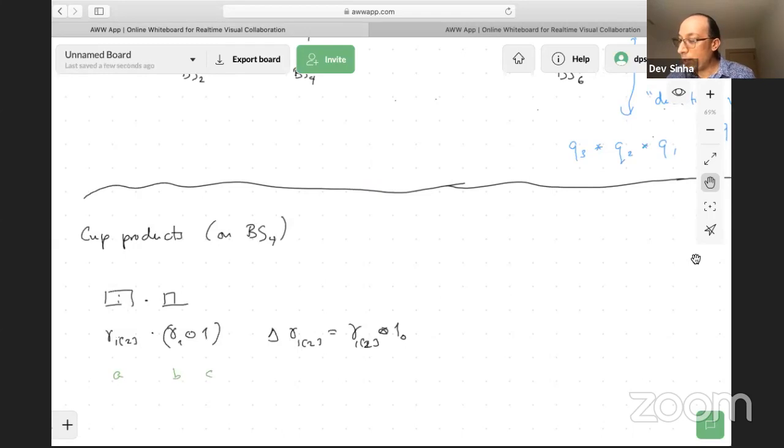It's kind of a formal object. BS0 is a point, but then I also do have gamma 1 tensor gamma 1. That's what happens in a divided power Hopf algebra. And then I've got 1 0 tensor gamma 1, 2.